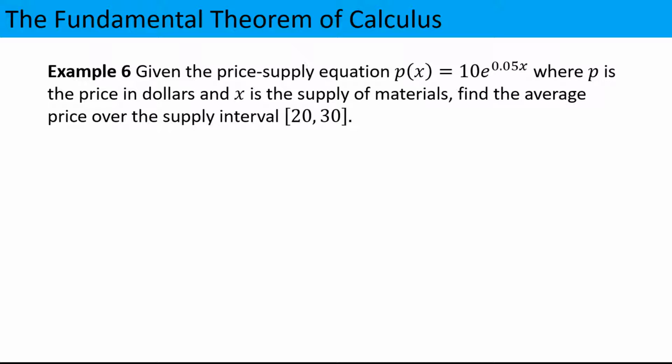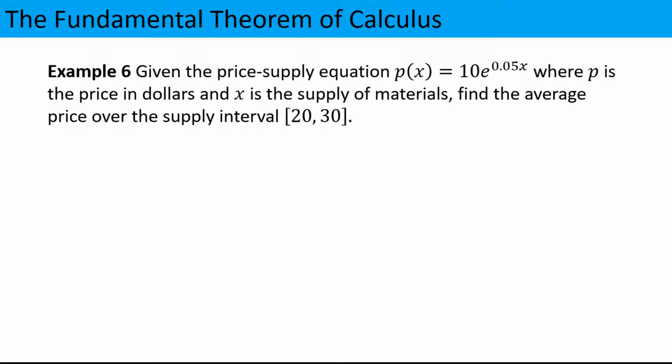Example, given the price-supply equation P of x equals 10 times e to the power of 0.05x, where P is the price in dollars and X is the supply of materials, find the average price over the supply interval from 20 to 30.